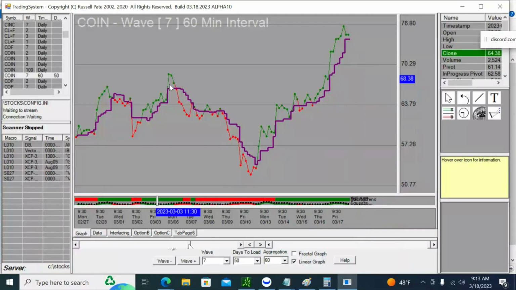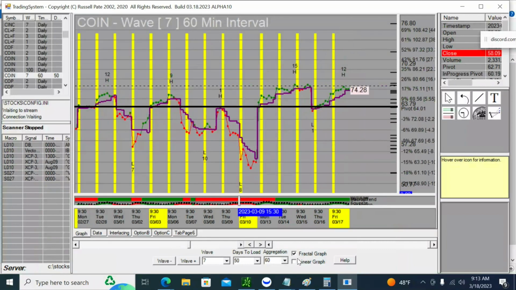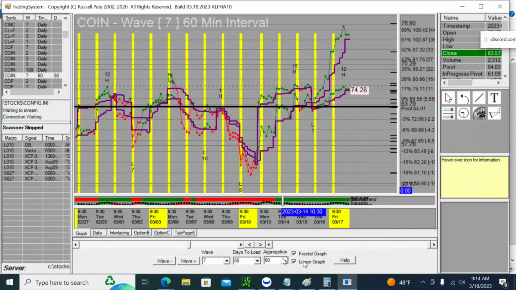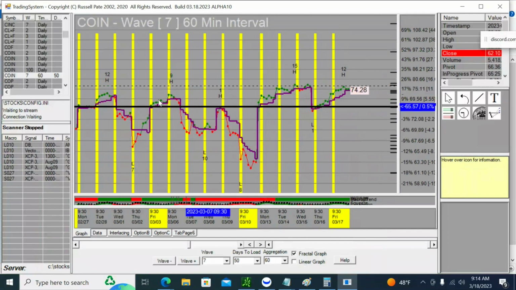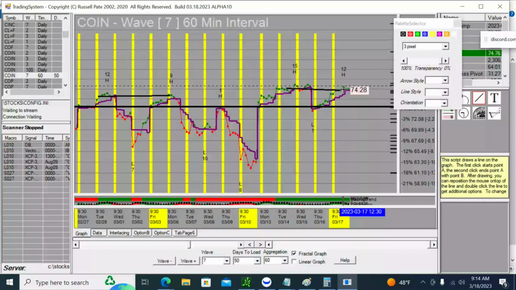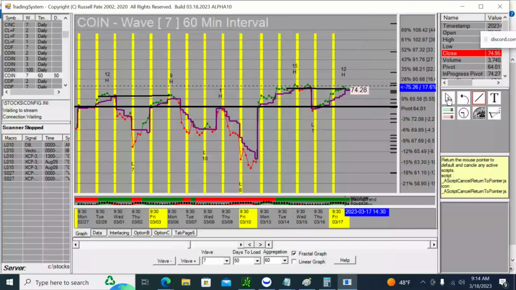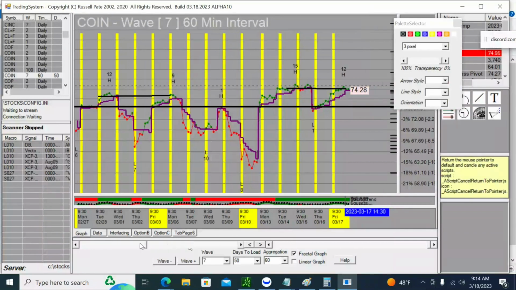Where I messed up on COIN was, there's symmetry in these graphs. If you see these highs, like this high, a lot of times it's a tip off, a clue.